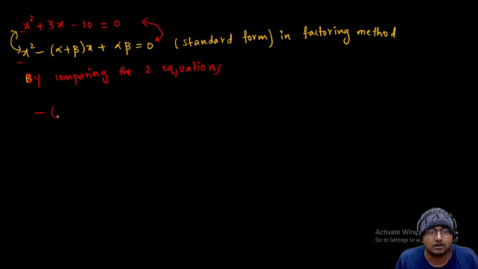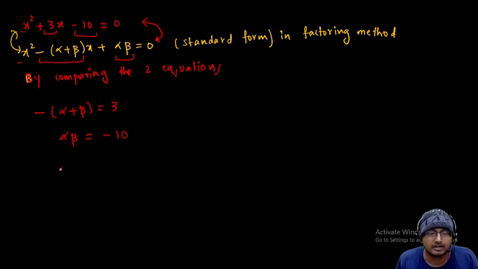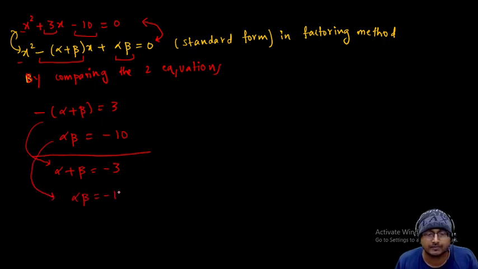So minus of alpha plus beta is equal to 3 we are getting, and alpha beta value we are getting as minus 10. So alpha beta is equal to minus 10. Or we can write alpha plus beta is equal to minus 3, and alpha beta is equal to minus 10.